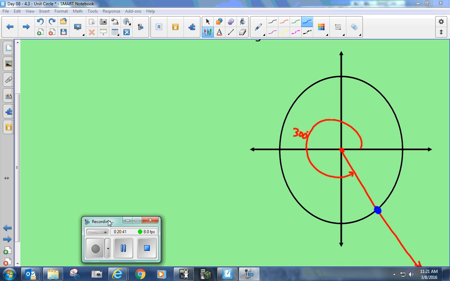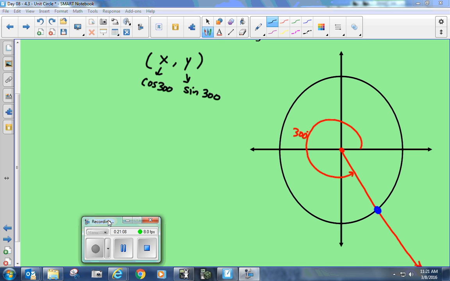What do you think they're going to do with it? Well, in order to find the coordinates, isn't the x the cosine of that angle, which is 300? And isn't the y the sine of that angle? You got it. But without a calculator, it says.